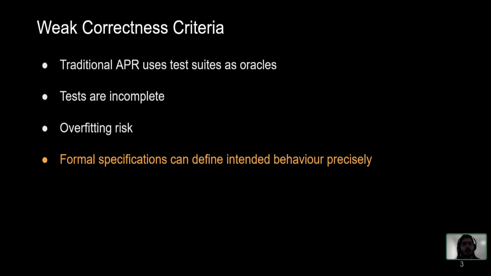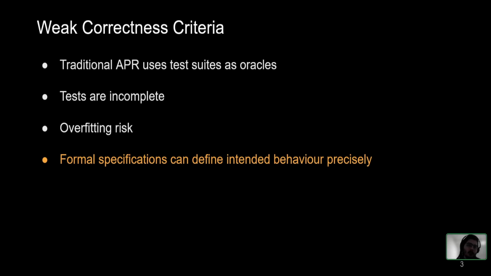So traditional APR tools validate fixes using test suites, but tests are incomplete. A patch can pass all the tests but still be wrong, or still not be the behavior expected. That also provides the possibility for overfitting.